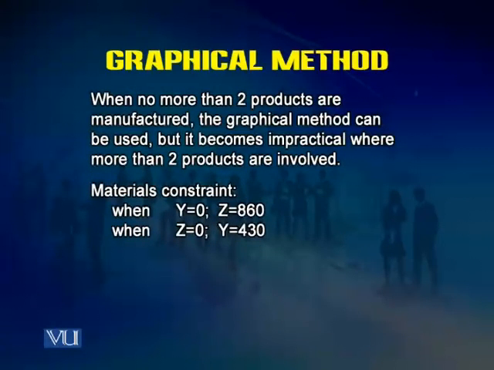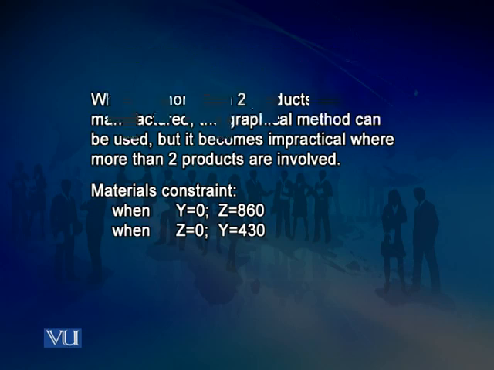So this means that when we put a value of 0 to y, then in our constraint, z is going to be 860. Similarly, in our equation, if we make z equal to 0, then according to our constraint, y will be equal to 430. So using the constraint and choosing the point 0, where y is 0, what will be z?